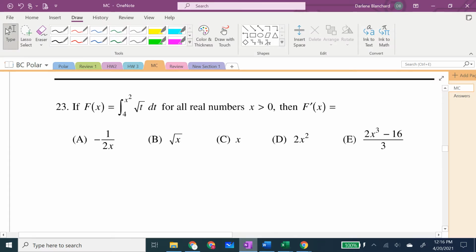23. Oh, this is a good one. We want to find f prime of x. The answer to our integral is this capital F of x. They want us to take the derivative.